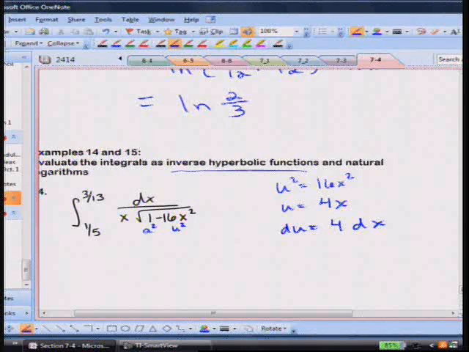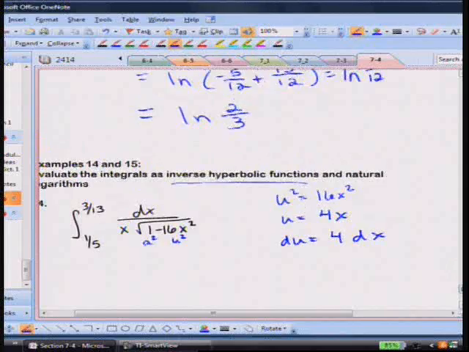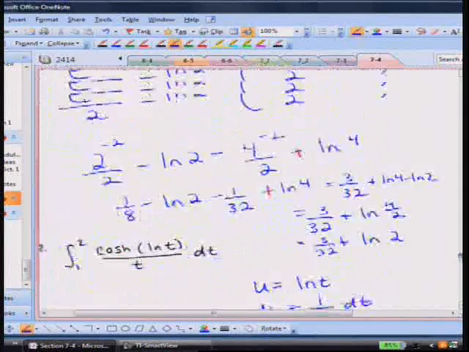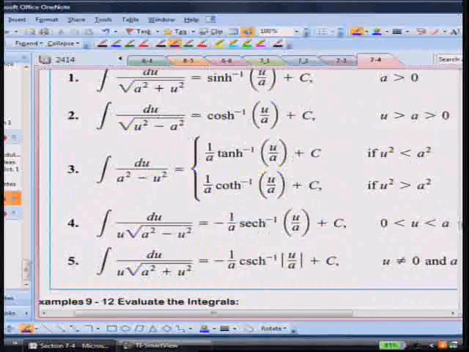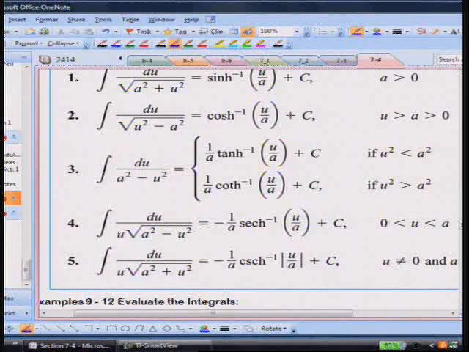Okay, and so if I look at this thing, excuse me, it's going to be du, and then you've got negative 1 over a. Well, a was just 1. Inverse hyperbolic secant u over a, which will be the 4x over 1, plus c.